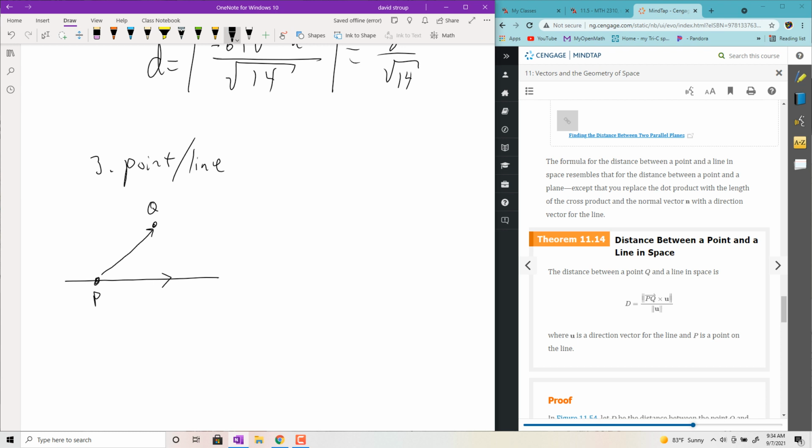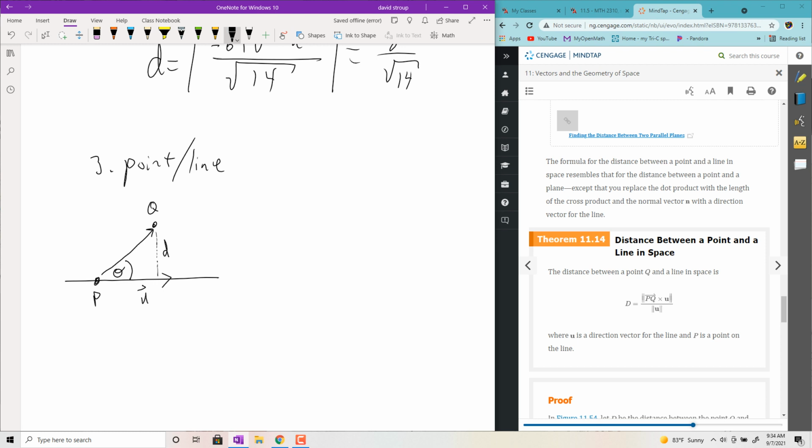To get the distance from the line to the point, you basically need this distance right here, which I can call D. If you make a vector between, okay, so hold on. Let's call this theta. Let's call this u. All right.